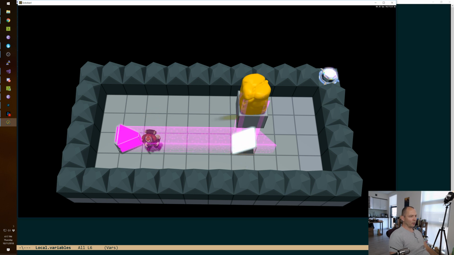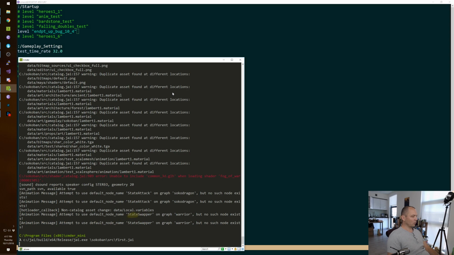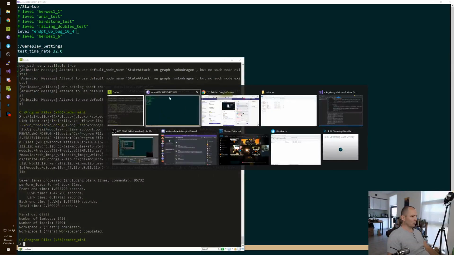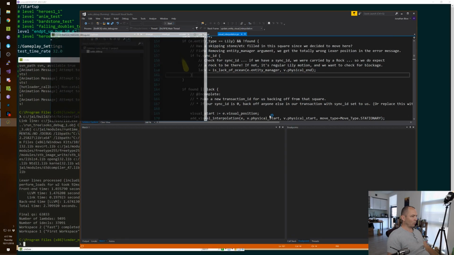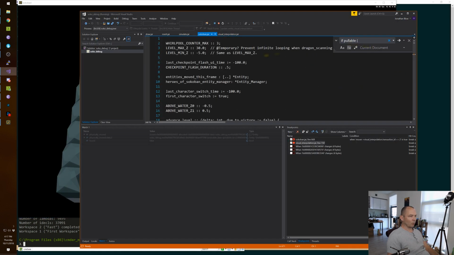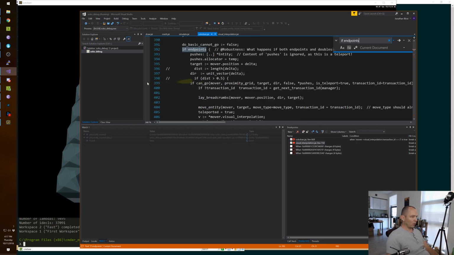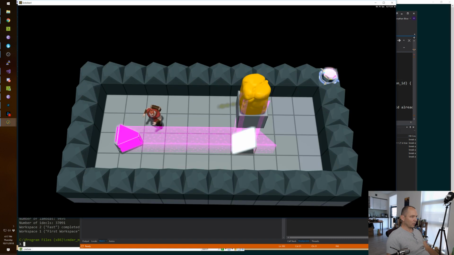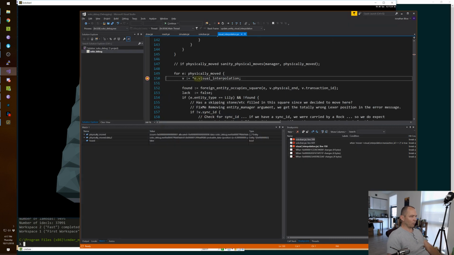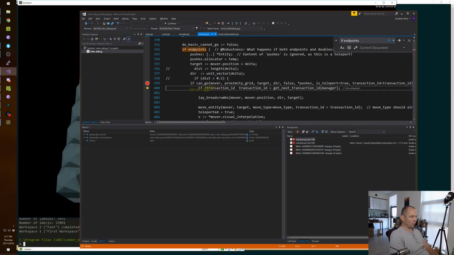I don't know why, but let's find out. Okay, so debug builds, start, go to Sokoban, and we'll look for endpoints. We're going to look here. This can go is going to, oh, sorry. Let's get rid of that one. This can go is going to return true, I assume. Yep.